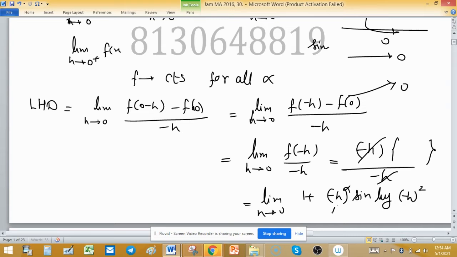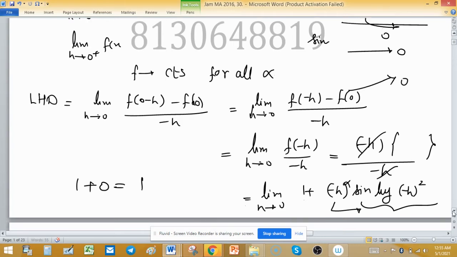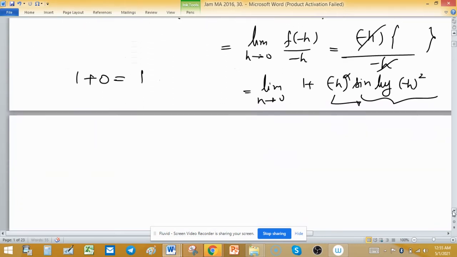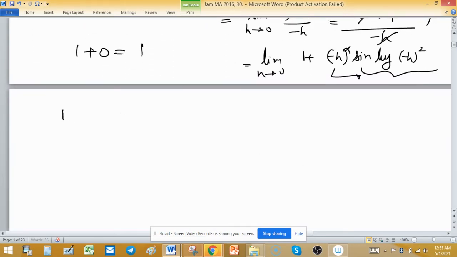Because h is here and sine is an oscillatory function, the limit of this goes to 0, and 1 plus 0 is nothing but 1. So the LHD, left hand derivative, is 1.